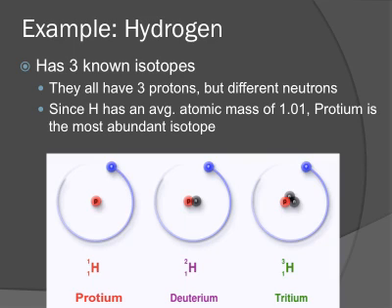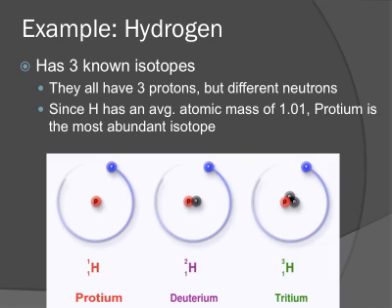But let's look at the third bullet point. If we look at the periodic table, it says that hydrogen has an average atomic mass of 1.00794, which means that hydrogen on the periodic table has no neutrons, right? Because remember, the mass is telling you protons plus neutrons. Well, if your mass is 1, you only have a proton, correct?